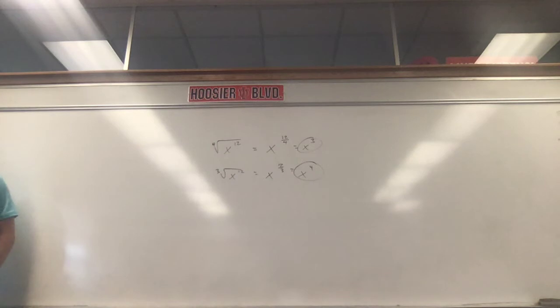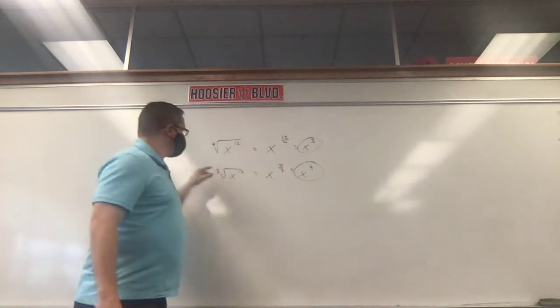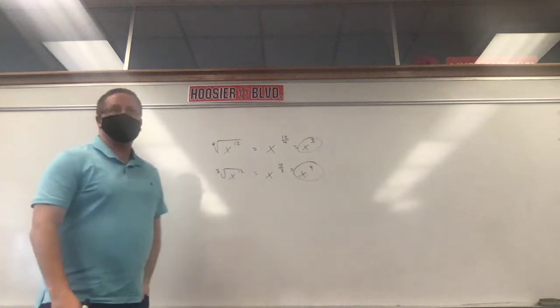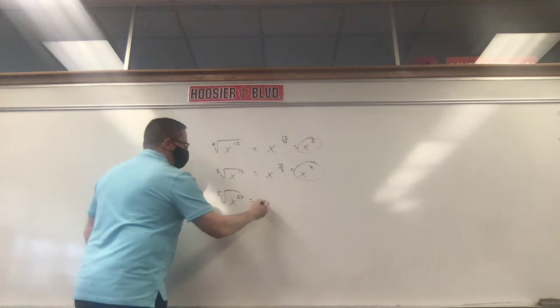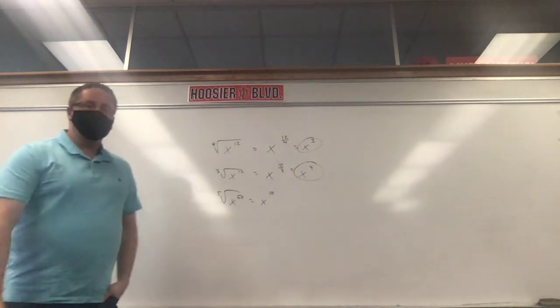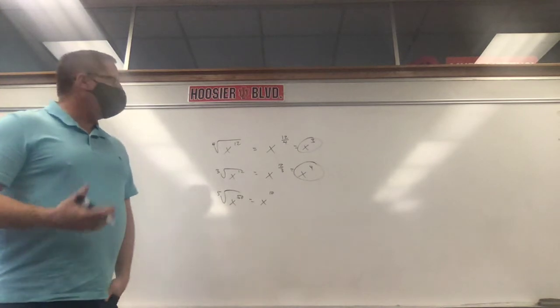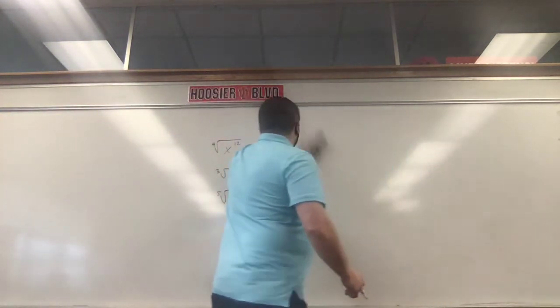Divided by 3. 12 divided by 4. Yeah. How many times does 4 go into 12? 3. How many times does 3 go into 12? 4. That's all you do. So if I asked you for the fifth root of x to the 50th, it'd be x to the what? 10th. 50 divided by 5. Okay? They get a little bit harder than that, but not much. That's all you're doing, you're dividing it out.